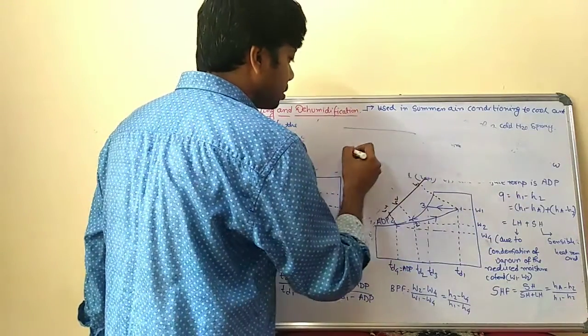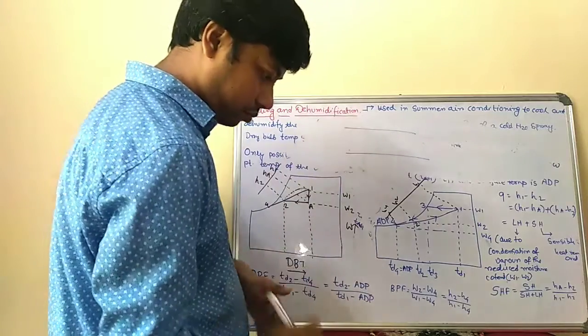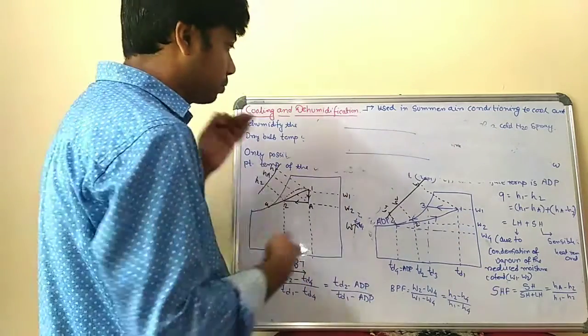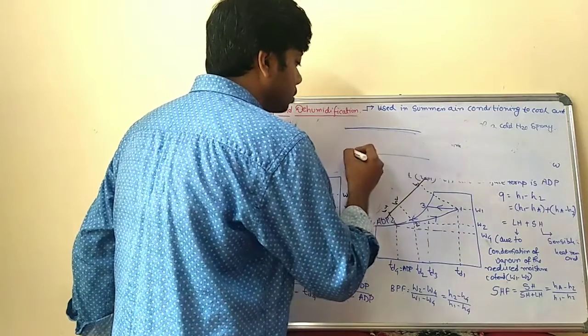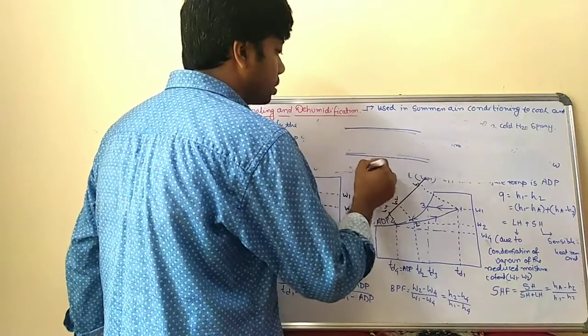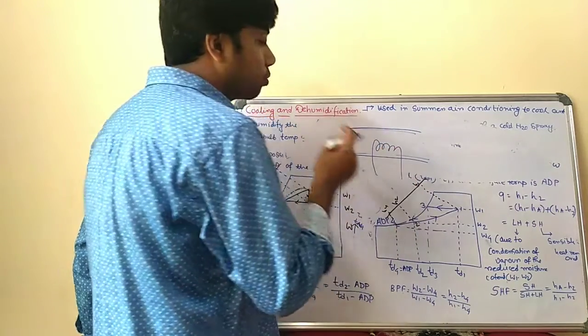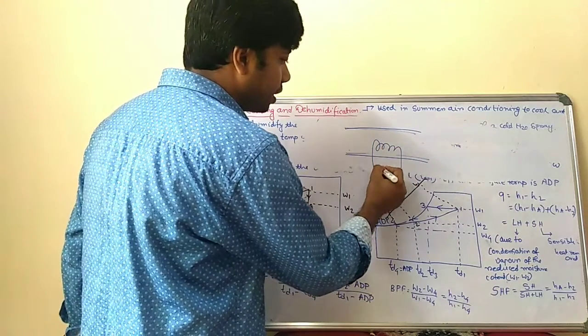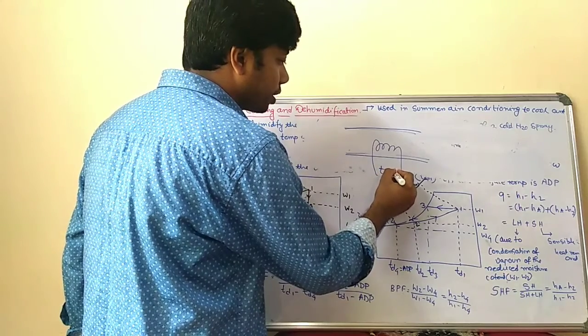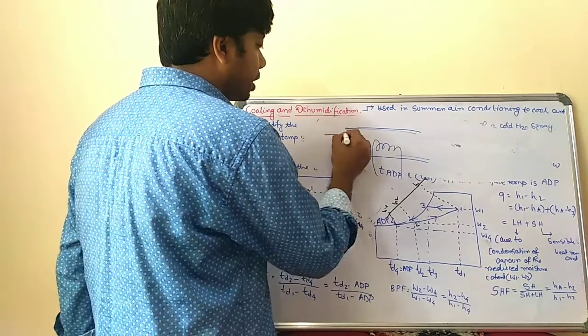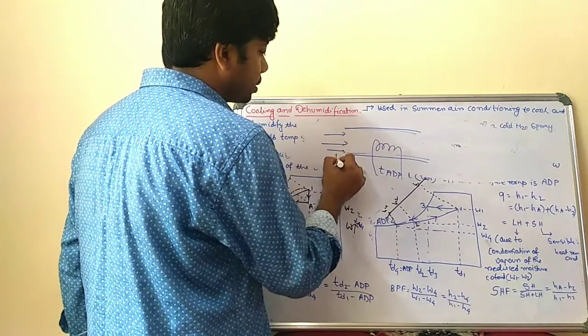Suppose this is the system, in which this is the cooling coil temperature, that is TADP, the apparatus dew point temperature. When the air enters through this point, that temperature is TD1.